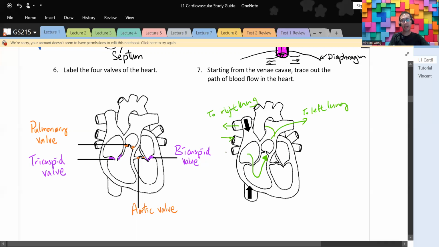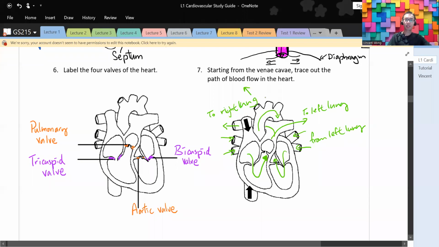And then the blood will come back through the pulmonary veins, okay, from the left lung. Over here will be from the right lung. Then it will feed into the left atrium, down to the left ventricle, and then go up here around the aorta.